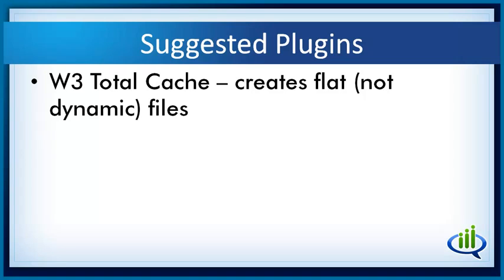But the problem with that is that if you ever make it to the front page of Digg, if you ever get really popular, you go viral or something like that, you can literally shut down your entire server because of this creation of dynamic files. And so this particular program allows you to create flat, not dynamic files, which saves you in those situations. I would suggest you having something like this, especially if your blog becomes at all popular.